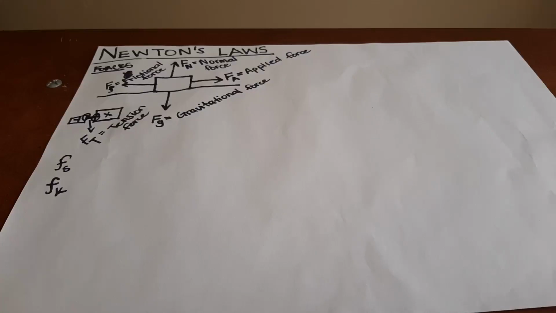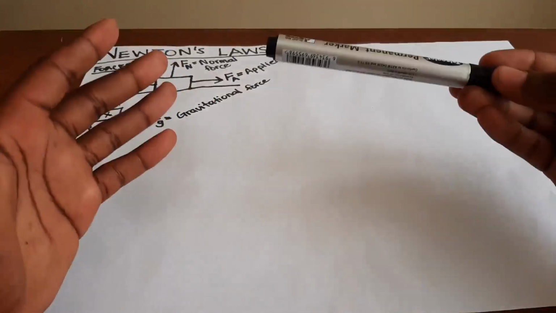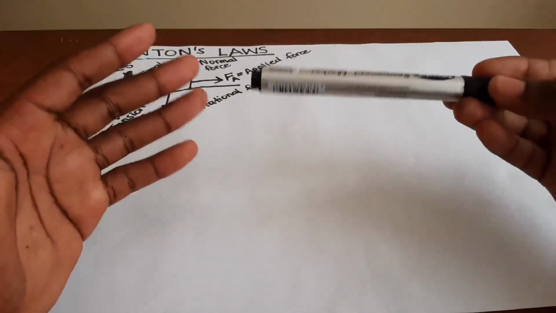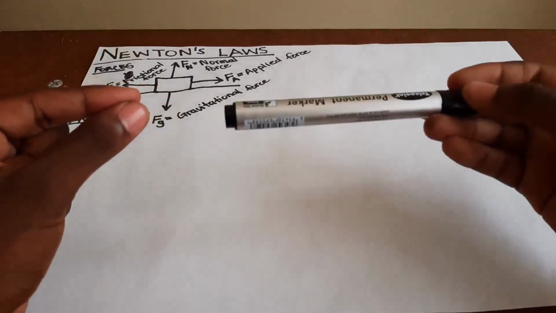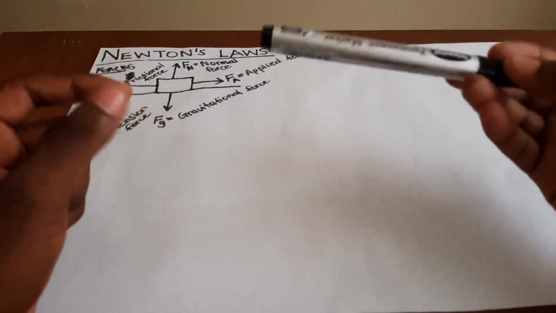By defining frictional force, this is the force that opposes the motion of an object in contact with a surface, and it acts parallel to the surface the object is in contact with.